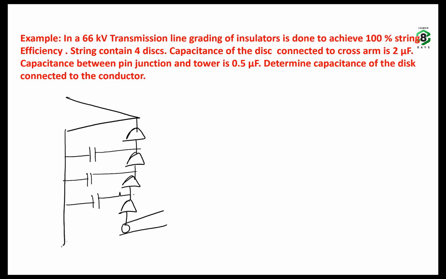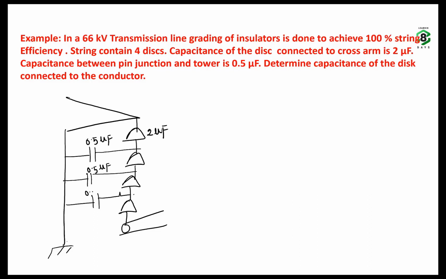So it's telling the voltage of transmission is 66 kV and we want to achieve 100% string efficiency. The capacitance of the disc connected to the cross-arm is 2 microfarad. The capacitance between pin junction and tower is 0.5 microfarad, the same for all 3 pin junctions.